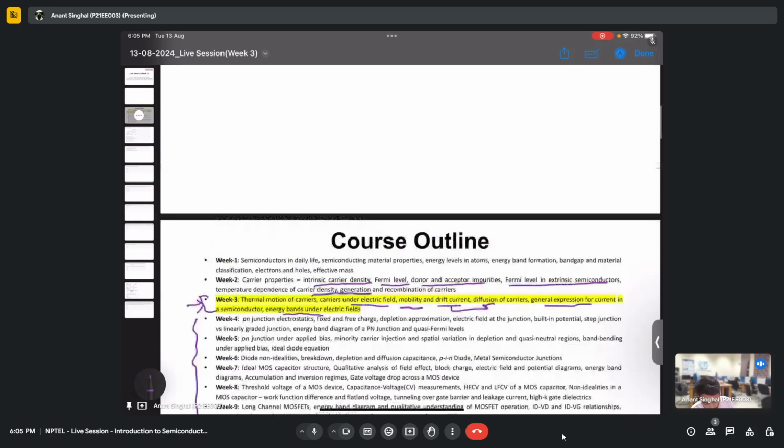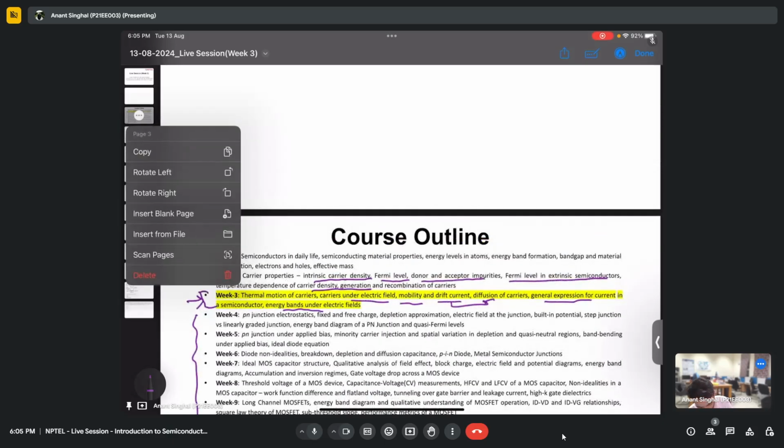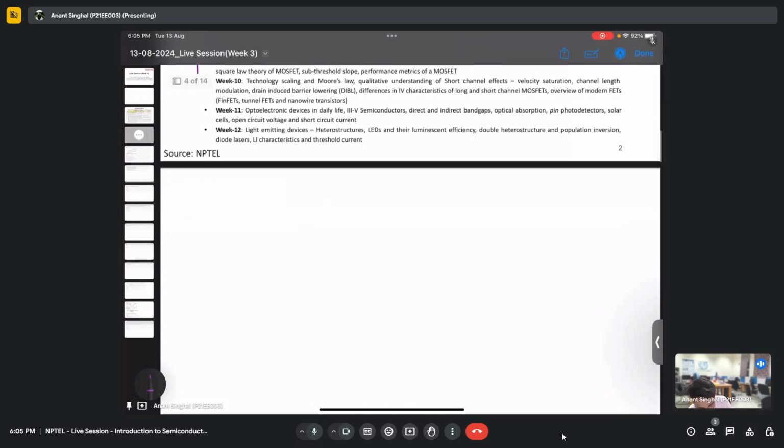If I quickly summarize last week, we have covered aspects like the Schrodinger equation, how it gives the density of states, which is nothing but the solution of the Schrodinger equation. Then we arrived at the relations for the carriers.